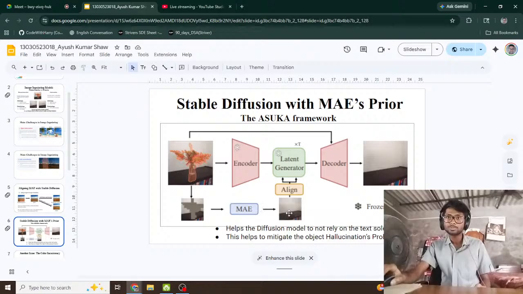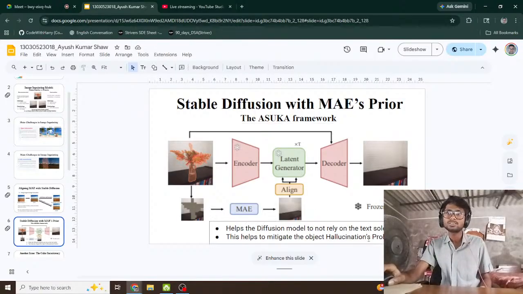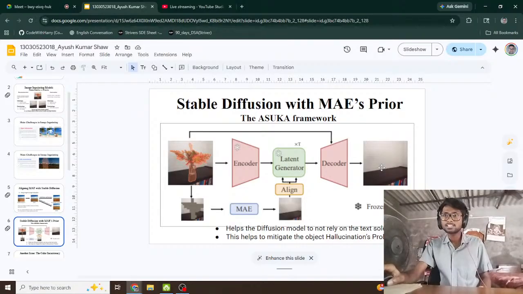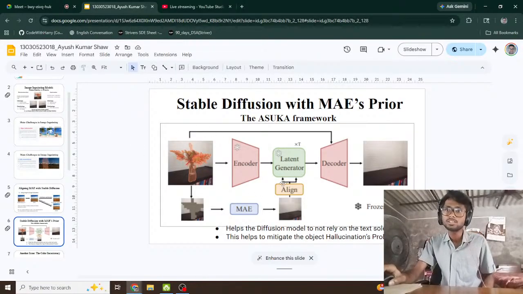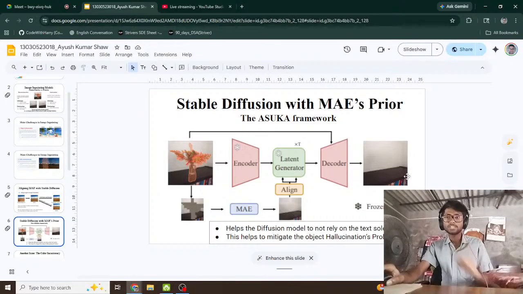The MAE produces an image which is kind of pixelated, and this pixelated image is given to the latent generator as a prior. Now the diffusion model does not have to rely on the text solely. It has a better context understanding, and hence as a result it does not hallucinate. So this architecture helps the inpainting model to avoid the hallucination problem.